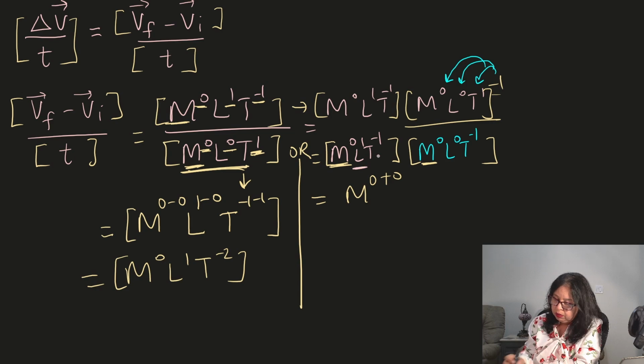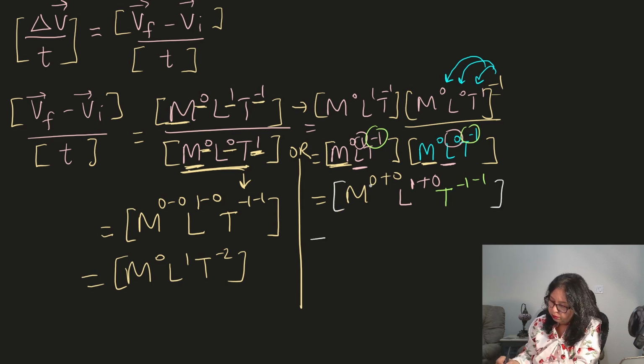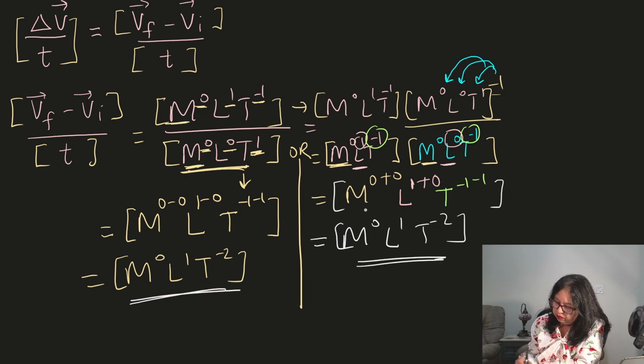Then we have this L to the power 1 times this L to the power 0 gives you L to the power 1 plus 0. Then the last one is T to the power minus 1, and this minus 1. What do we get? M to the power 0, L to the power 1, T to the power minus 2, just like over here. Same thing.